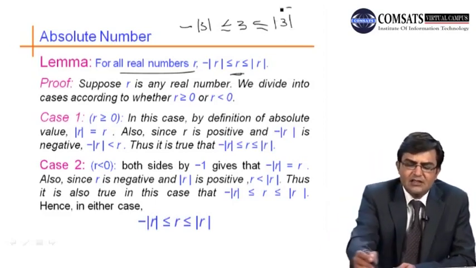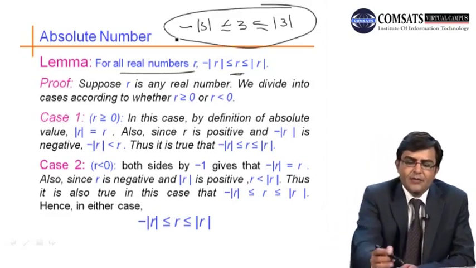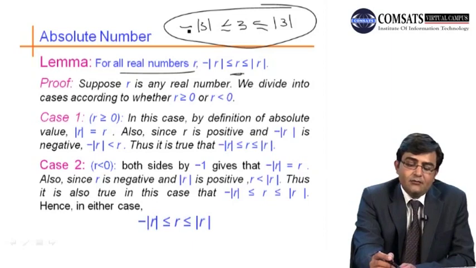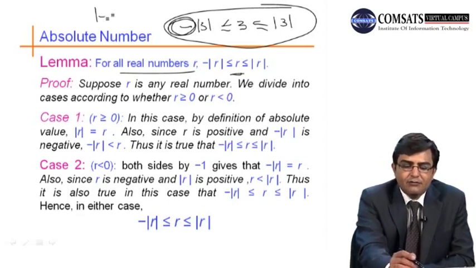Now we can see easily that this inequality is always true. Here, remember that the negative sign is outside the absolute value. It's not inside the absolute value. The absolute value will convert a negative number inside it into positive, but here the negative is outside. This is basically minus of the absolute value of 3, not the absolute value of minus 3.